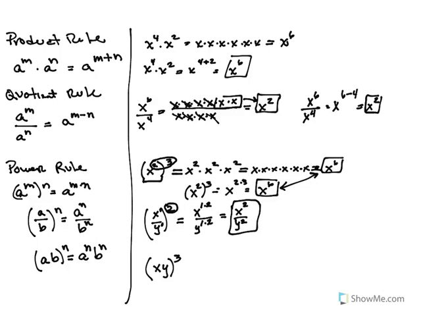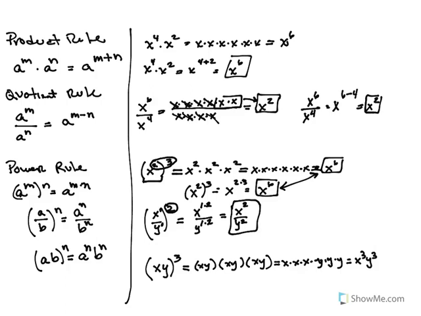Then we have x times y raised to the 3rd power. Again, in its expanded form, it would be xy times xy times xy. So that would be x times x times x times y times y times y. You just rearrange your variables so that you can understand. That's x to the 3rd, y to the 3rd.